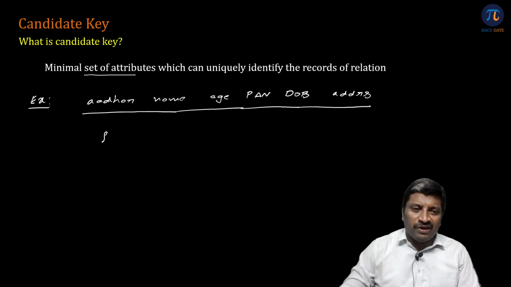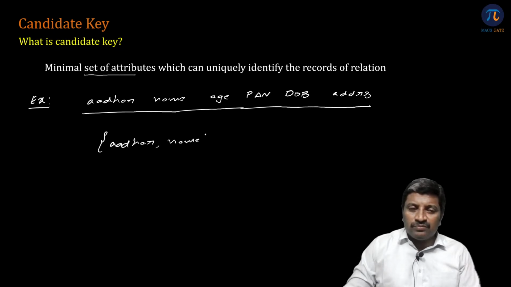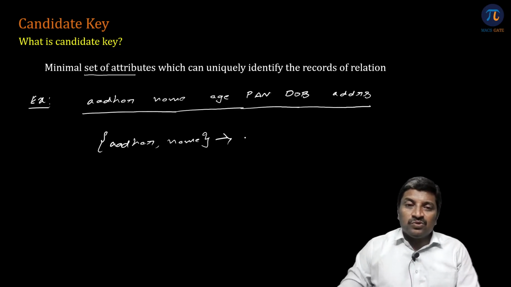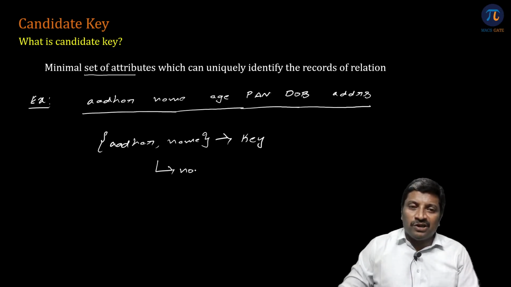First of all, the set of attributes. Suppose by using Aadhaar number, name, I can uniquely identify any person. So this is an example of a key, but it is not minimal. Why is it not minimal, sir? In this set, I have two attributes: the first one is Aadhaar, the second one is name.